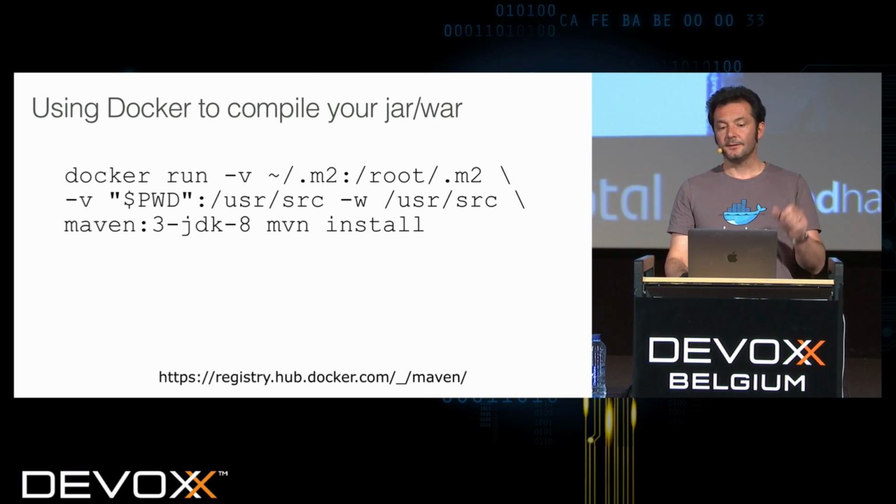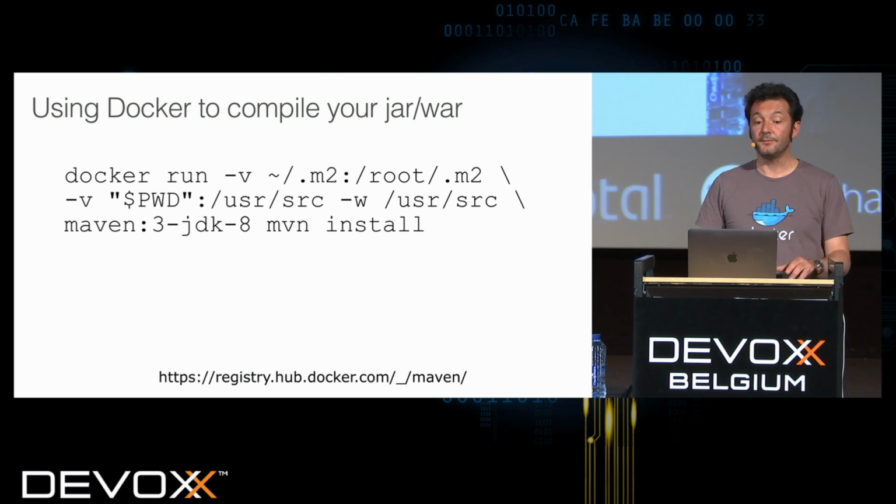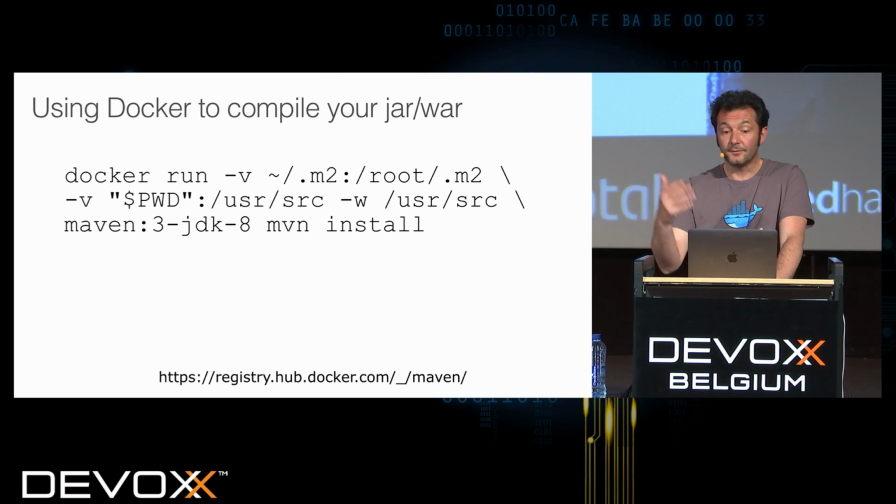A best practice, instead of doing that, is to create a volume: docker volume create maven. And then you mount the volume so that all your builds always have a Maven volume to reuse the cache. And then here I mount my source code into /usr/src, and then I do a Maven install inside of that.